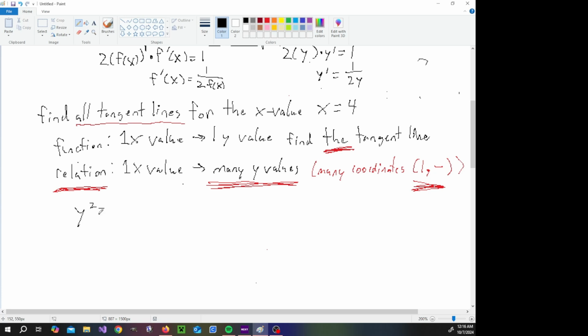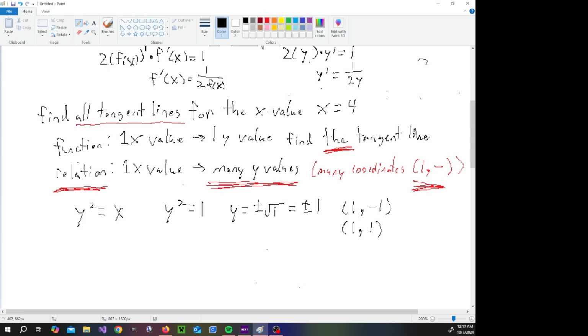So if we have y squared is equal to x, then this is y squared is equal to 1, which we already figured out. That means y is plus or minus the square root of 1. Well, the square root of 1 is just 1, so this is plus or minus 1. So the two coordinates that we're going to consider are 1, negative 1, as well as 1, comma 1, right? Plus 1 and minus 1 as our two y values. Great.